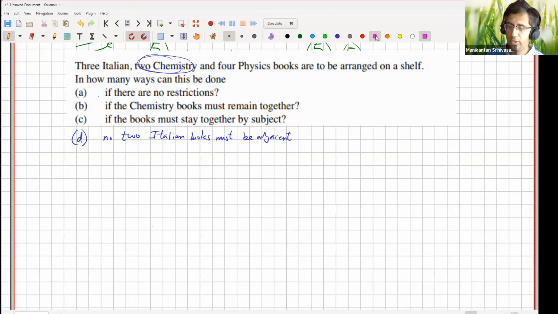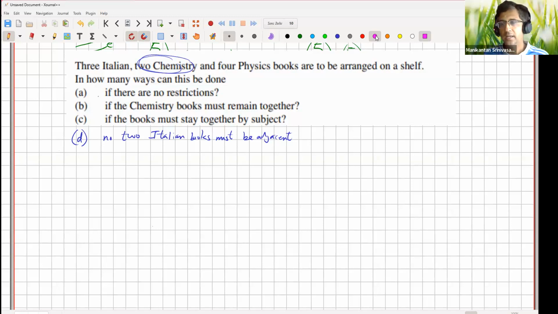Sarah, what do you think about that suggestion? He'll take all cases and then subtract cases where the Italian books are adjacent. Keshav has a method, but before that, in what Moksh said, there's a small mistake.